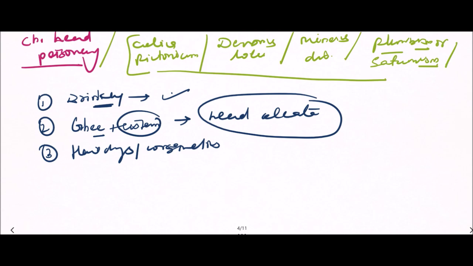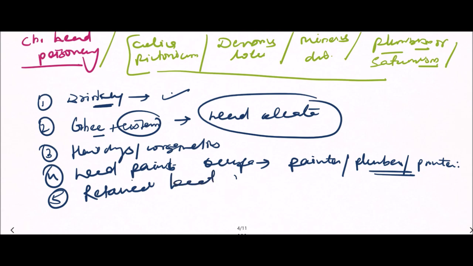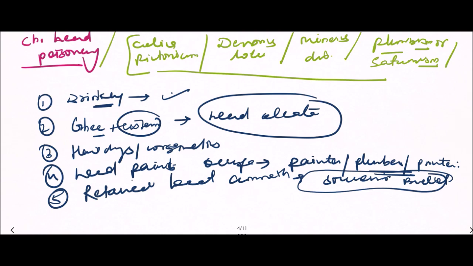Lead is present in various lead paints, so occupational exposure is also there in painters, plumbers, printers, etc. And retained lead ammunition in the body, like a souvenir bullet, is also responsible for lead poisoning. So these are the sources of lead poisoning.